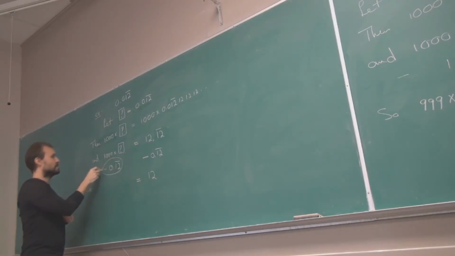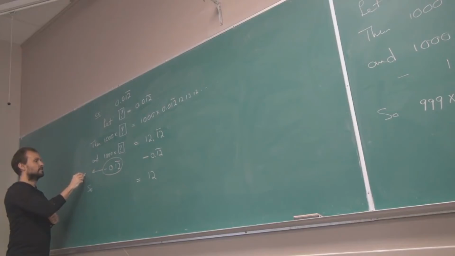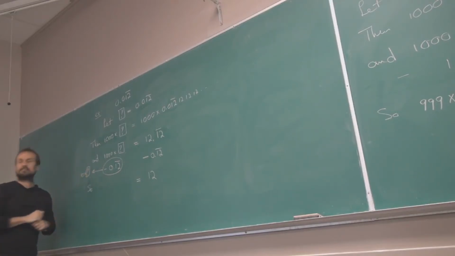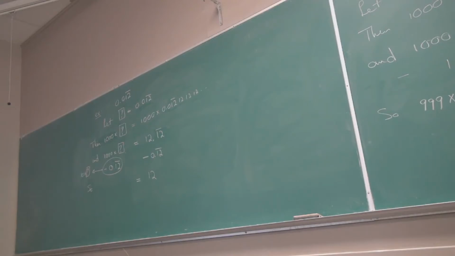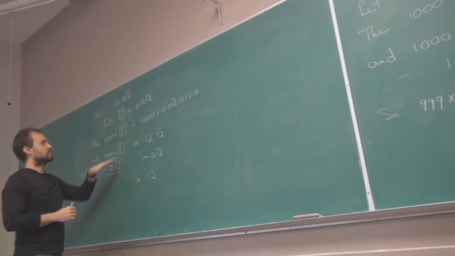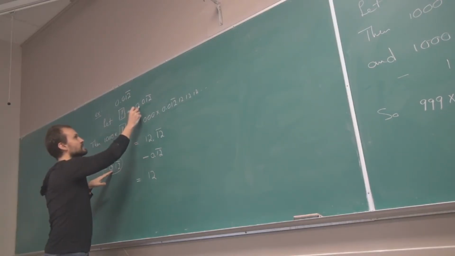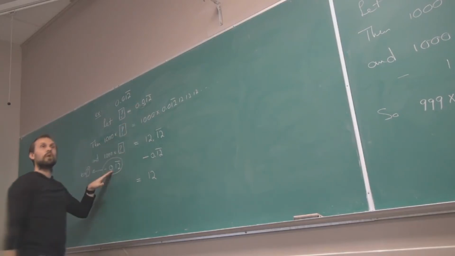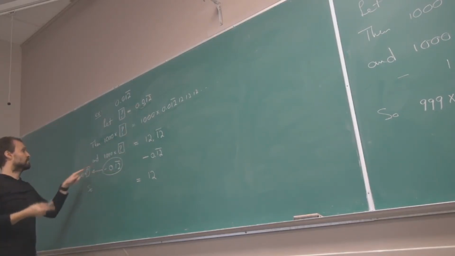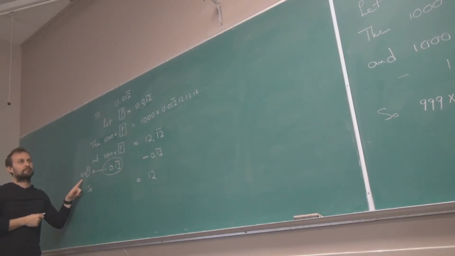It is 10 question marks. Because how do I go from this number to this one? I move the decimal over 1. That corresponds to multiplying by 10.